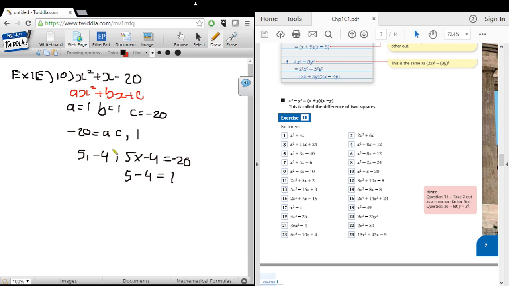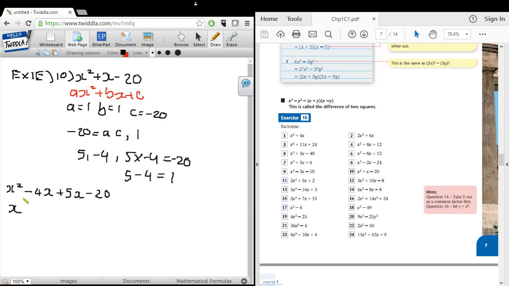So now, as we mentioned before, we need to install these new numbers into our original equation. So now we'll have x squared, but this time we'll have minus 4x, and then we'll have plus 5x, and at the same time we'll include that minus 20. So now here comes the part where we start to factorize.